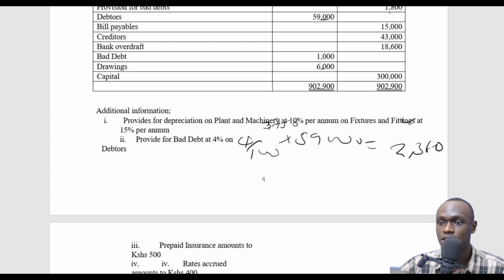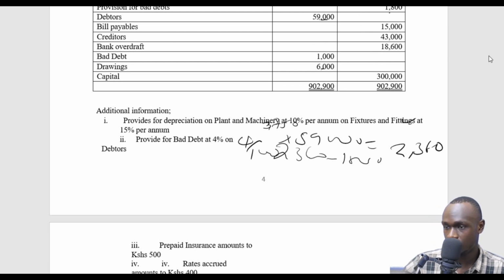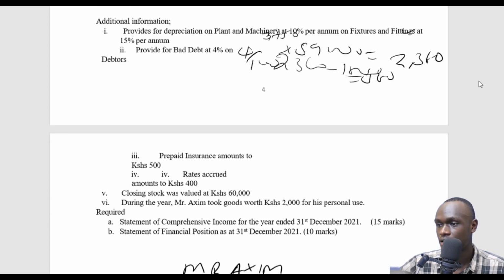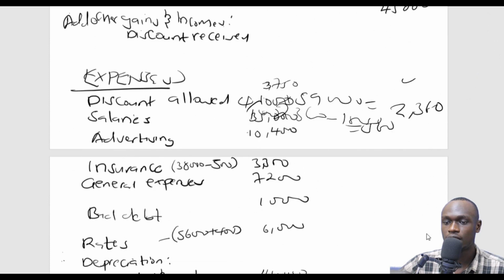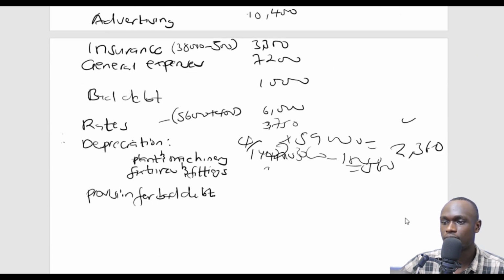This means that the provision has increased because the last one is 1,800. So we take 2,360 less 1,800. It will give us 560. So it's an increase in provision for bad debt.